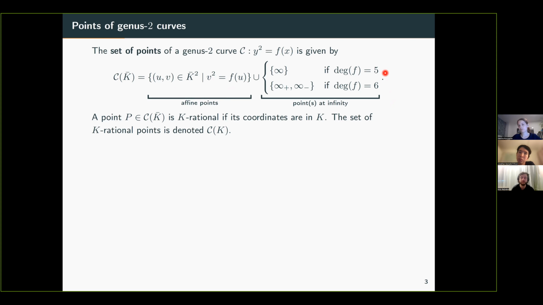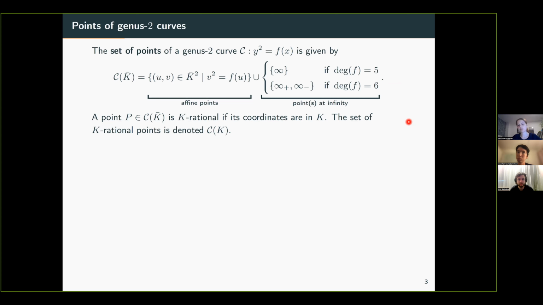If the degree of f is 5, it's very similar to the elliptic curve case: we have just one point at infinity. But if the degree of the polynomial f is 6, there are actually 2 points at infinity. And what will also be important later is to look at the set of k-rational points. Those are the points that have coordinates in the field k, which is our field of definition.